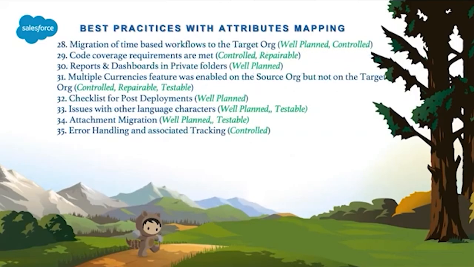Practice number 28 is migration of time-based workflows to the target org. This is one common failure scenario which we came across in a couple of target orgs, in Salesforce to Salesforce migrations. Whenever you are migrating, you may come across this scenario. There may be time-based workflows that run every 72 hours, or every 40 hours, scheduled in your source org.